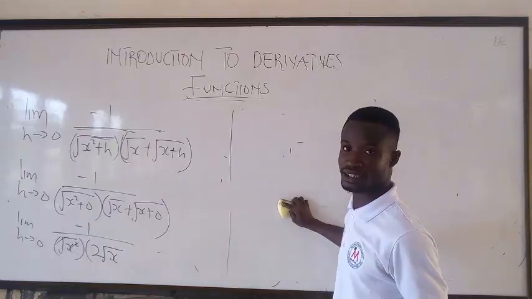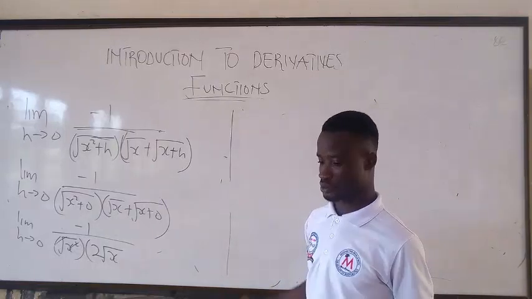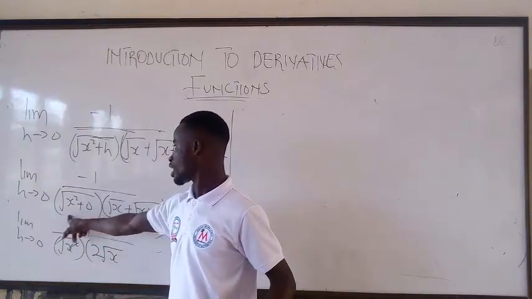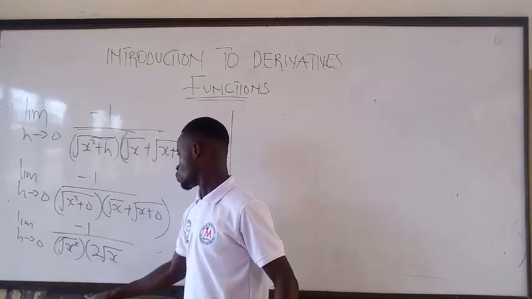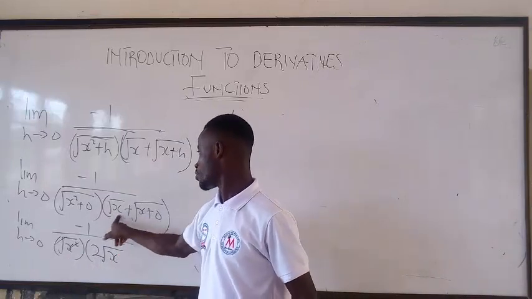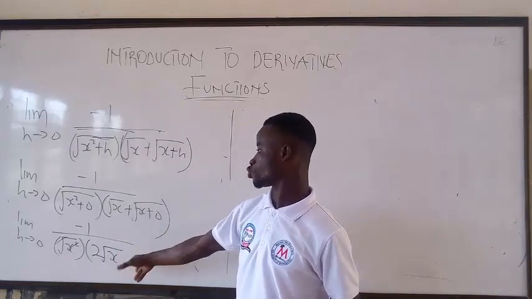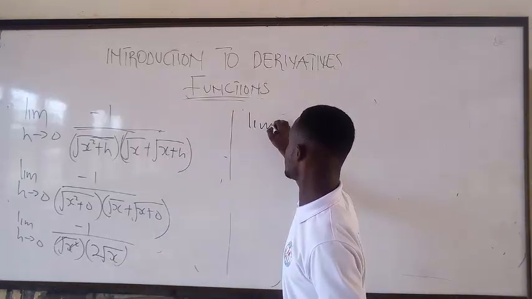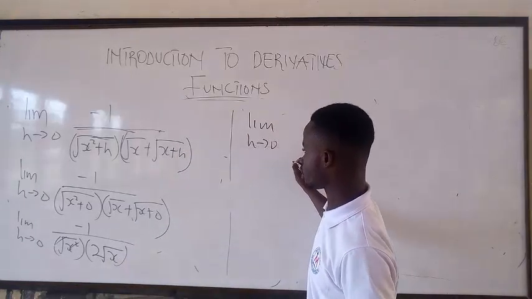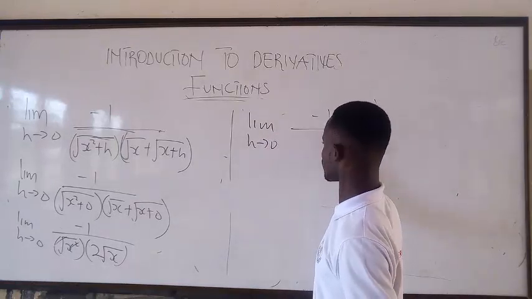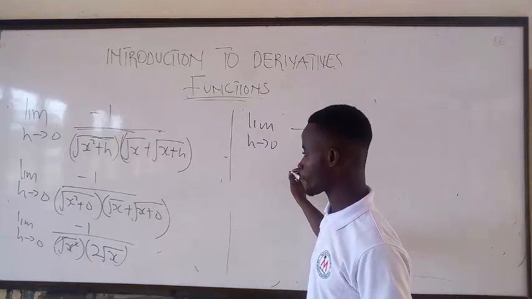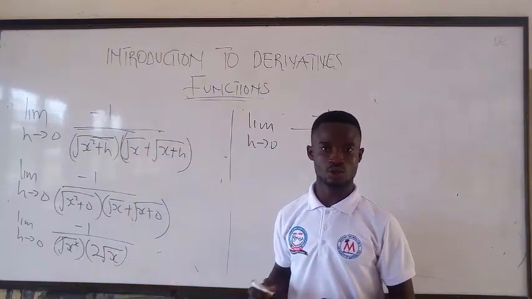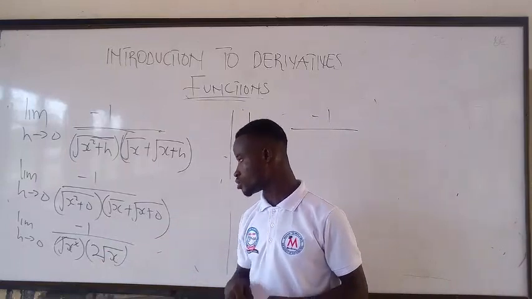If you don't understand anything, you can play back the video and you will get it. Here will be square root of x squared, and here will be square root of x plus square root of x, which is 2 square root of what? X. So here we are left with the limit as h approaching 0 of -1 all over. Now the square will take away the roots.